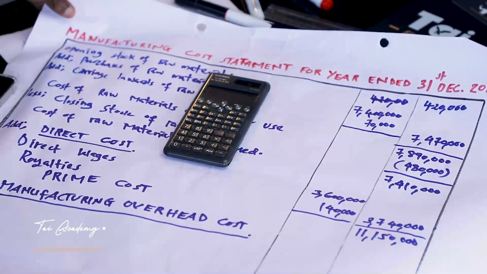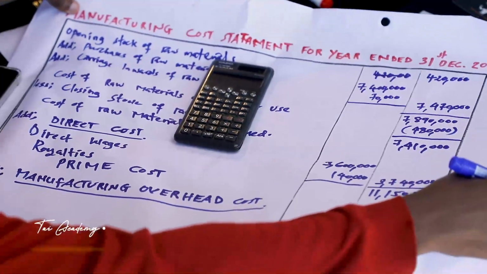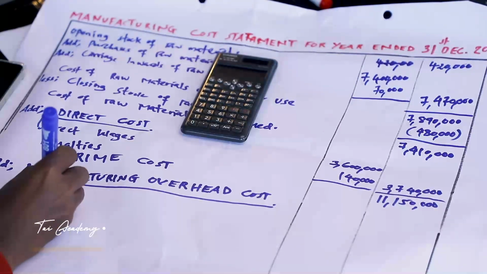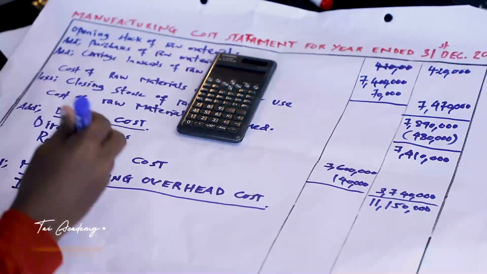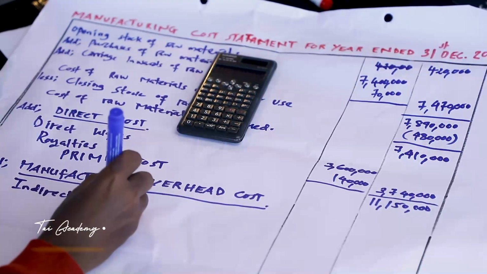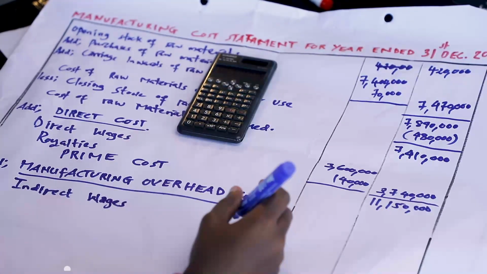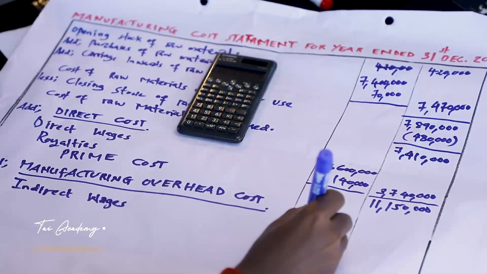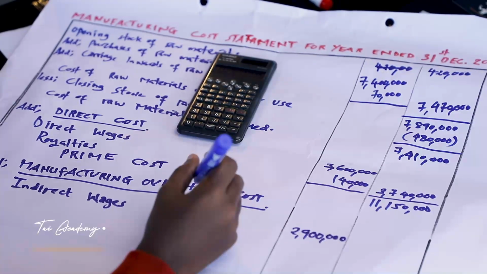So from the question we had factory indirect wages, so here we shall have indirect wages, which are the cost of 2,900,000.